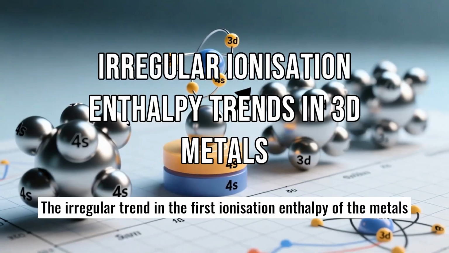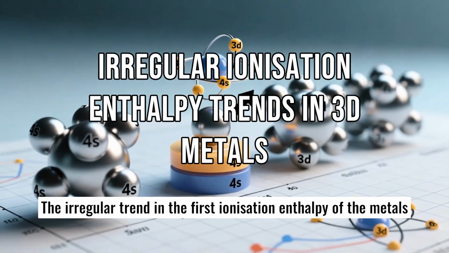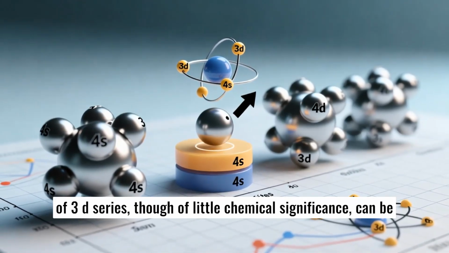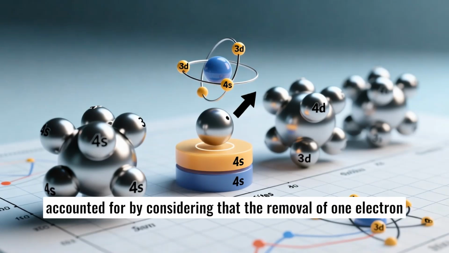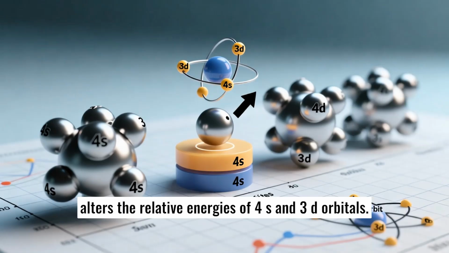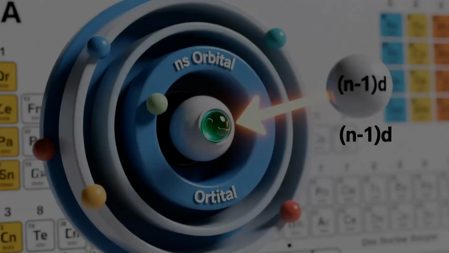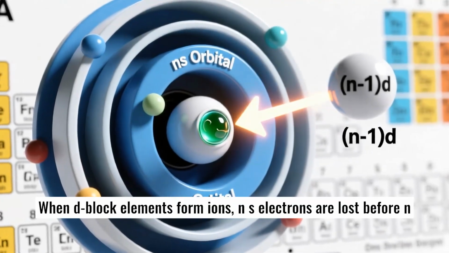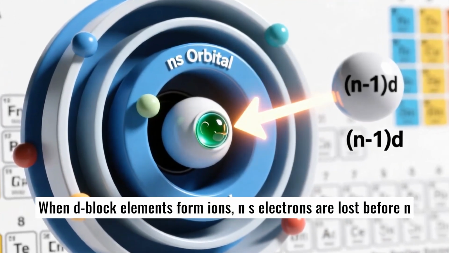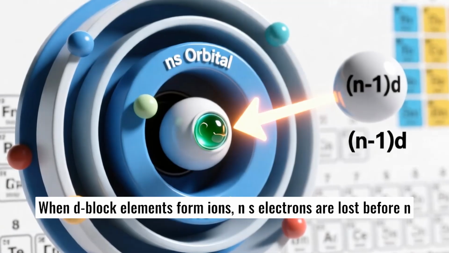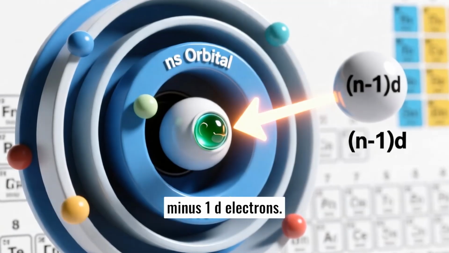The irregular trend in the first ionization enthalpy of the metals of the 3d series, though of little chemical significance, can be accounted for by considering that the removal of one electron alters the relative energies of 4s and 3d orbitals. When d-block elements form ions, s electrons are lost before (n-1)d electrons.